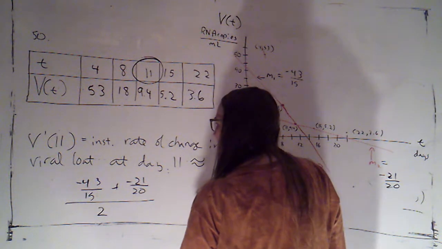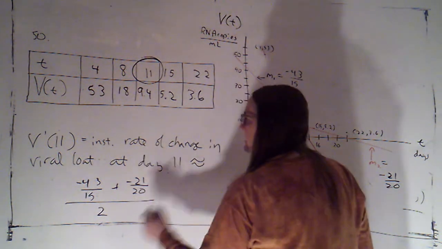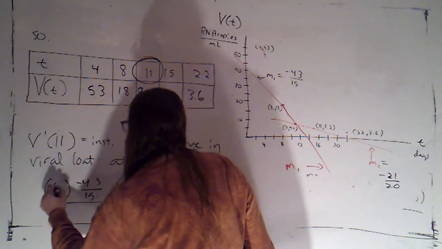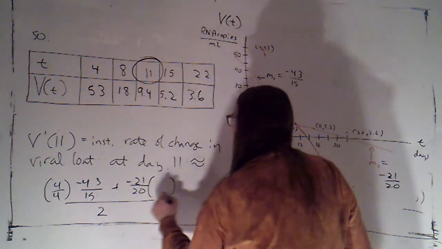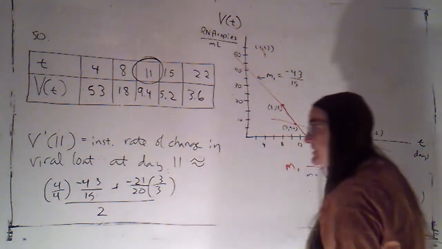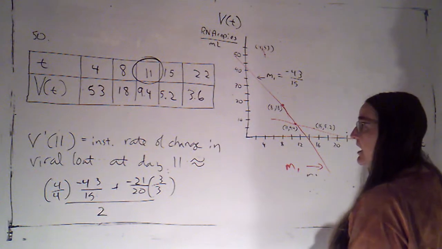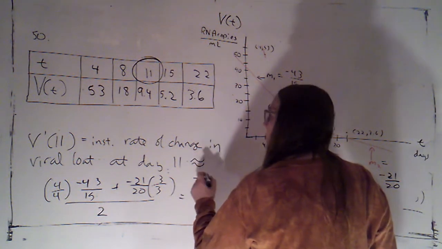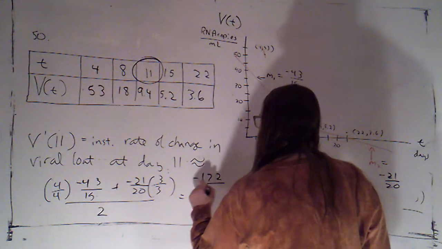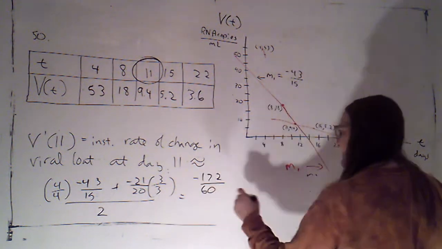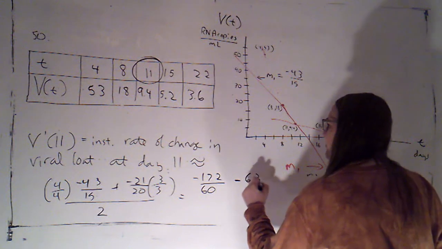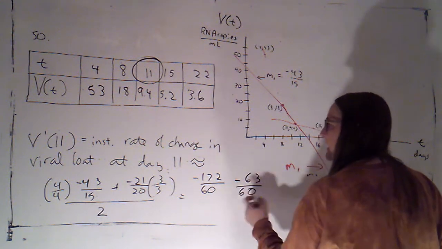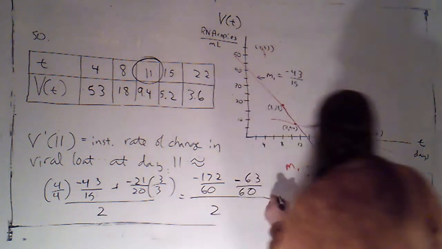Okay, so let's see. Looks like I'm going to want a common denominator here. So I'm going to multiply this by 1 in the form of 4/4 and this by 1 in the form of 3/3 to get a common denominator of 60. So we're going to have negative 172/60 plus a negative 63/60, all divided by 2.